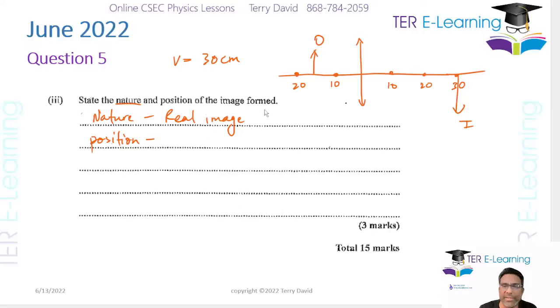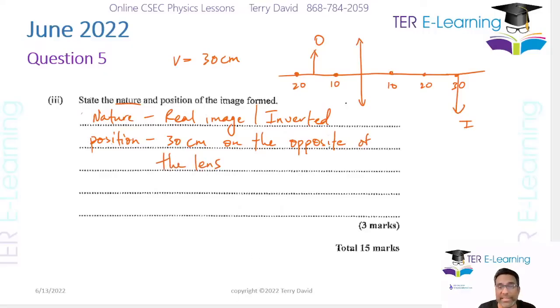We should also say that it's inverted. And the position is going to be 30 cm on the opposite side of the lens. That's all I need to say there.